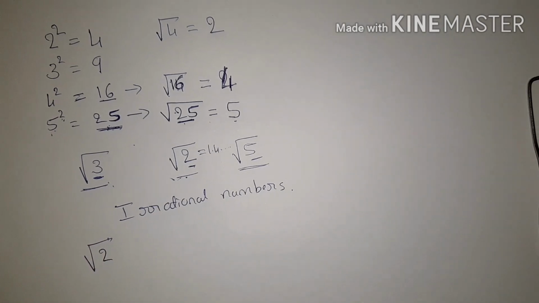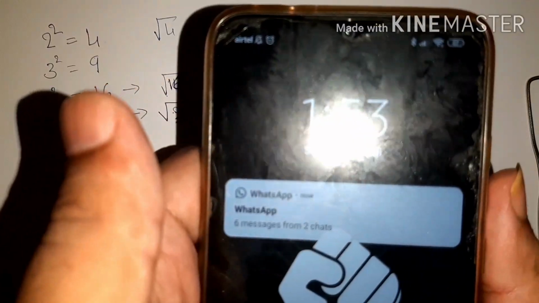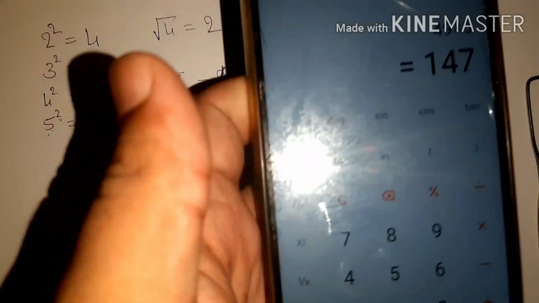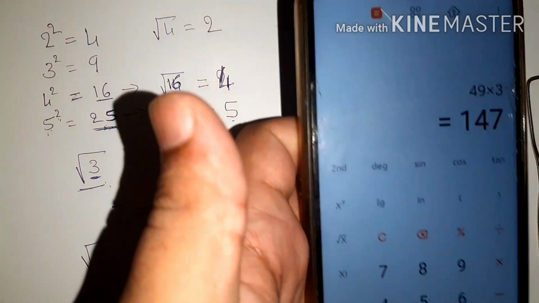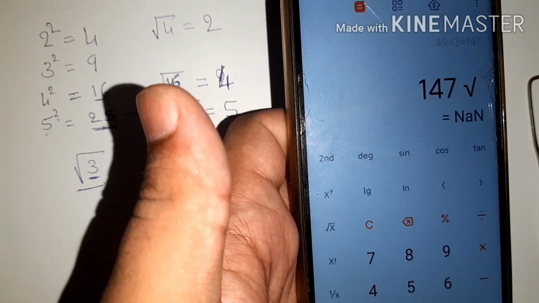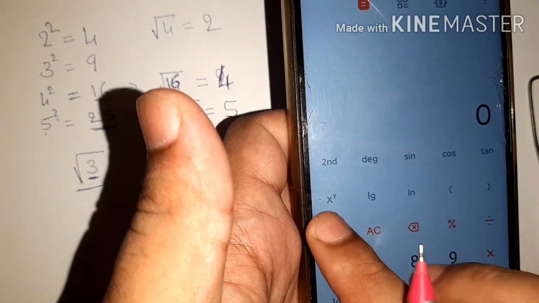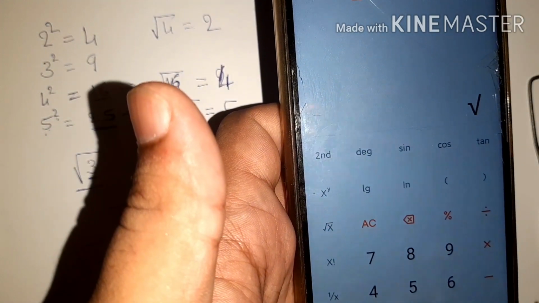If I take square root of 2, I am using the scientific calculator here. I'll clear this first and take square root of 2.